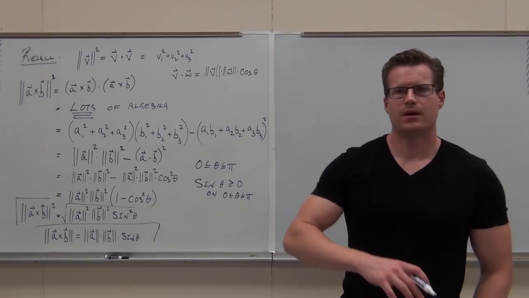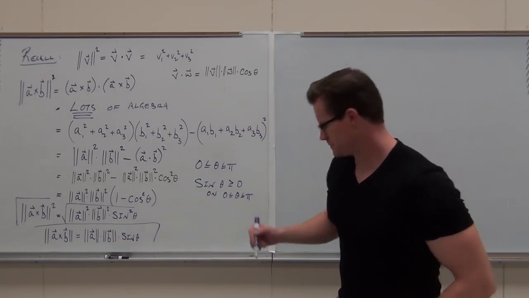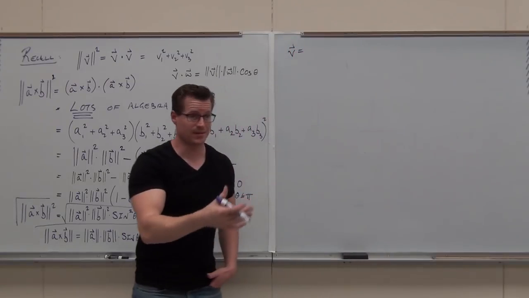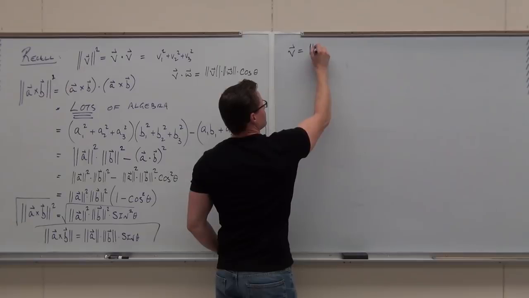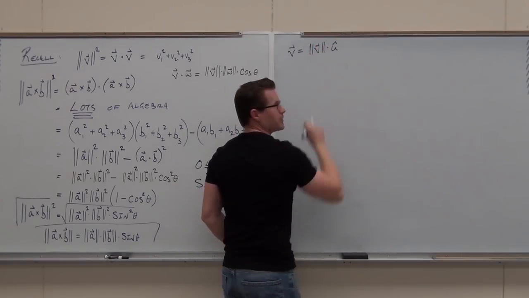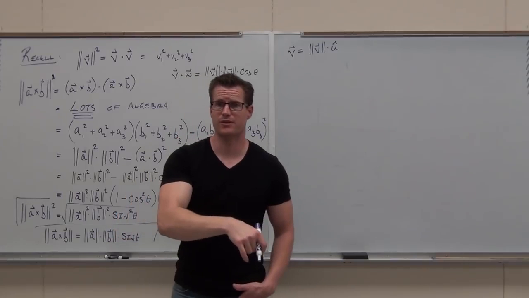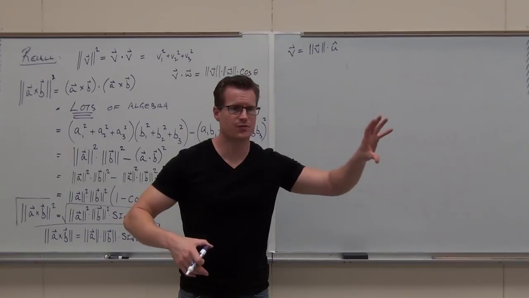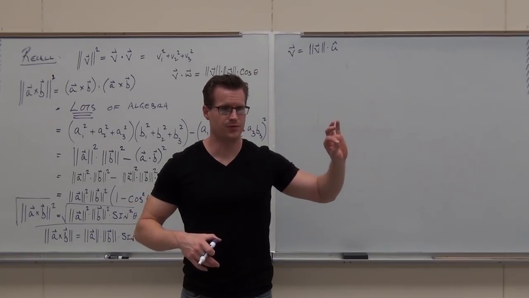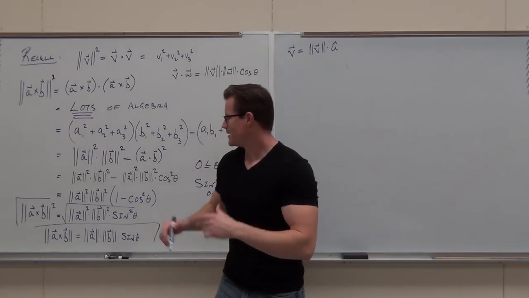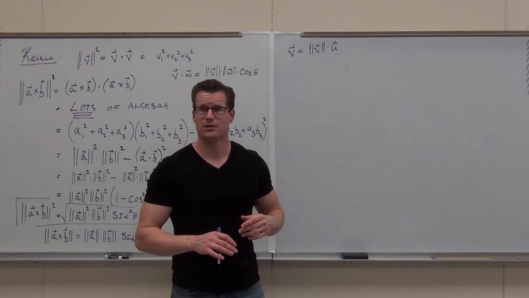Now here's the deal. What we know is that any vector in the world can be written like this: the magnitude of the vector times the direction of the vector. Vectors are magnitude times direction. So it can be written as magnitude v times a unit vector of the direction of v. Are you with me on what I'm talking about? Okay, so wait a minute. Is A cross B a vector? Yes.